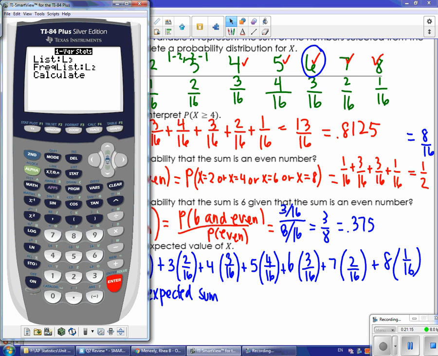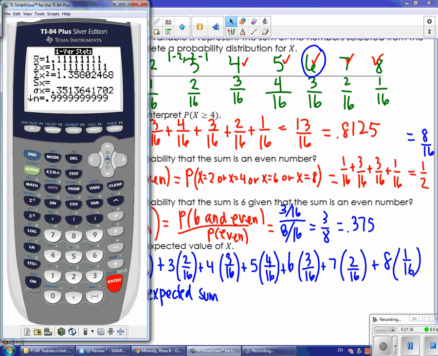Even though I have 2 lists, it's still one variable. The variable of interest is going to be the sum, so I'm going to enter list 1 for my sum. But I also have probabilities listed in list 2, and those are my frequencies, or in this case, my relative frequencies. So I'm going to use list 1 and list 2.